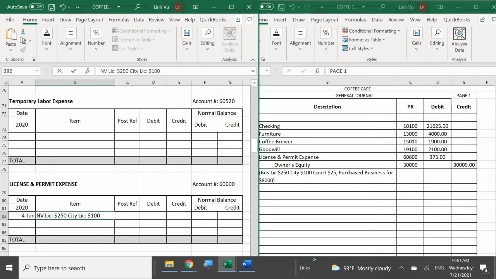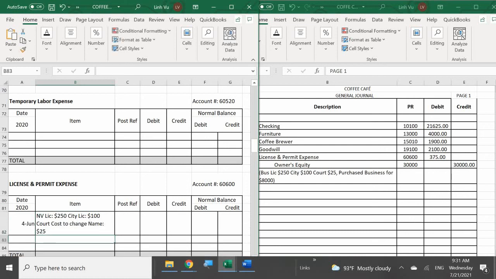And then court cost to change name cost me $25. Okay? However descriptive you want to be, you could choose to be so.